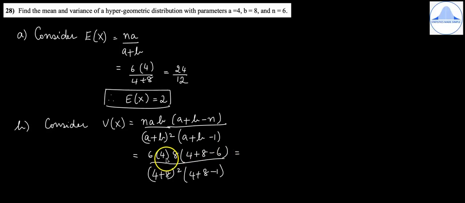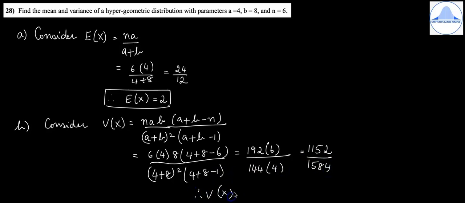So when you multiply 6 into 4 is 24. 24 into 8 will be 192 into 6 divided by, here you will get 12 square. 4 plus 8 is 12. 12 square is 144 into 4. So this is equal to 1152 divided by 1584. So you will get variance of x is equal to 0.7273.